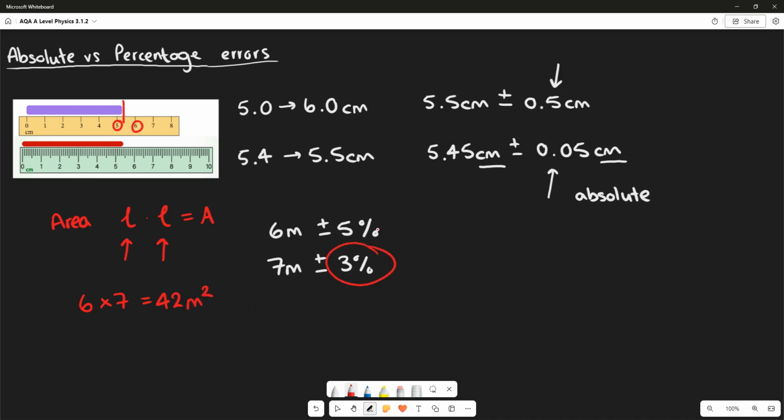And then we would combine the uncertainties and add them together because we are multiplying, therefore we add the percentage uncertainties, and this would be plus or minus 8%. Okay, so that's the difference between absolute and percentage uncertainties and how you combine them.